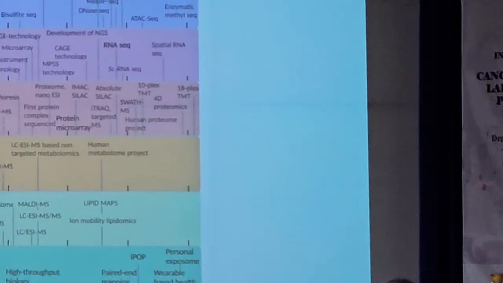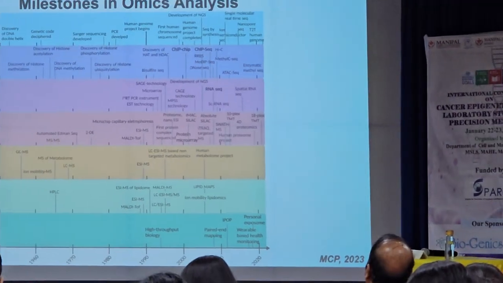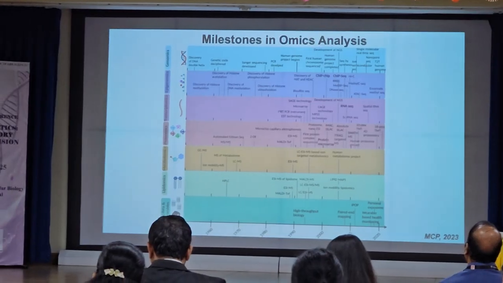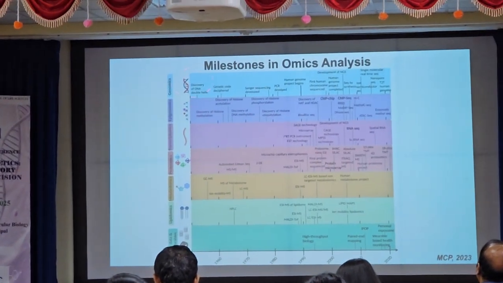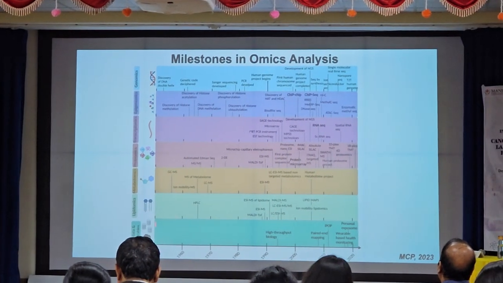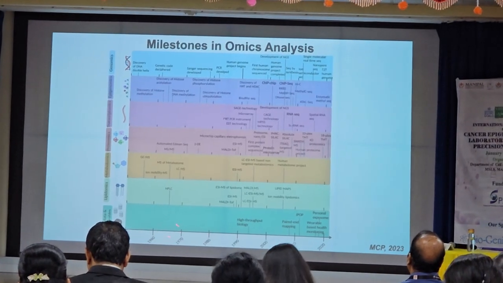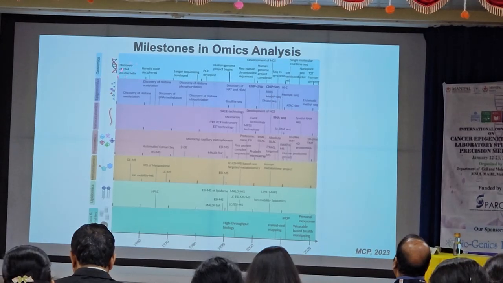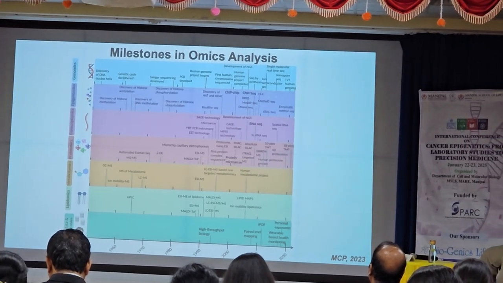So multi-omics. Now let's go a little deeper and understand where the origin started. When we talk about genomics, I am talking about the era from the 1950s to 1960s, when for the first time we understood that there is a double helix DNA.